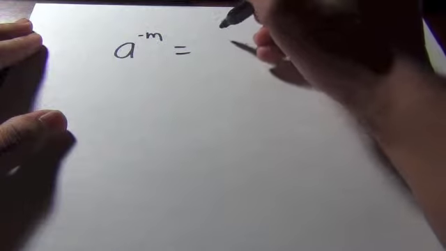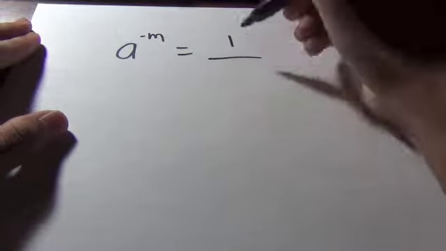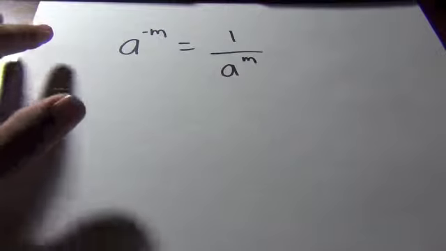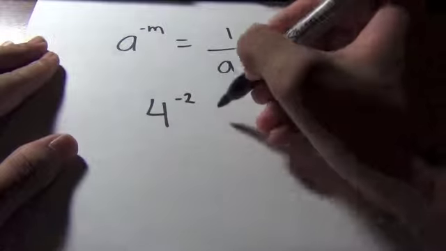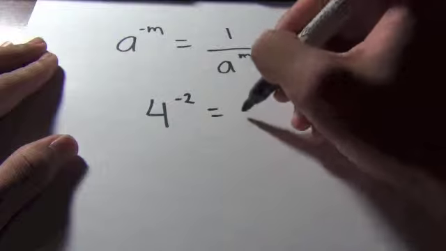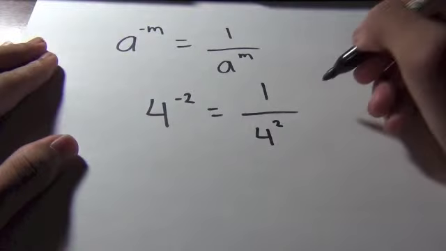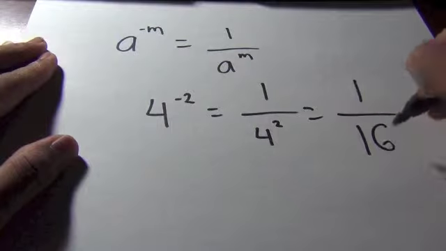The fourth property states that if I have a number a raised to a negative exponent, so a to the negative m, you can simplify this to be 1 over the positive answer, so 1 over a to the m. For example, if I have 4 to the negative second, this would equal 1 over 4 squared, and 4 squared equals 16, so 1 over 16.